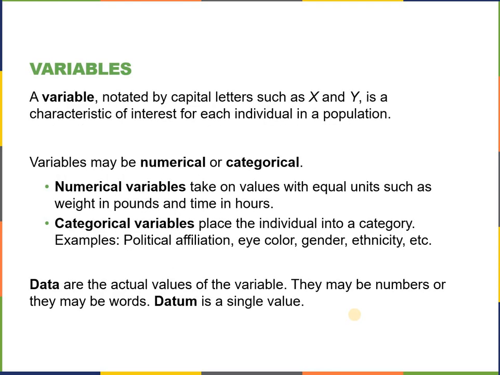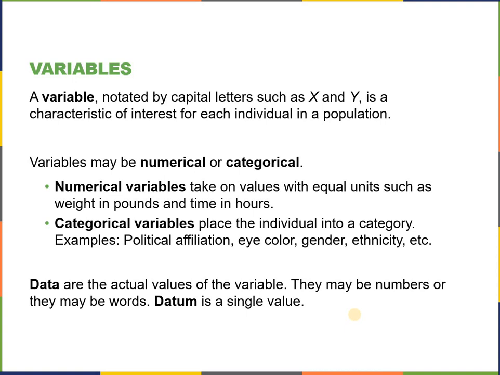Variables. What is a variable? A variable, usually we use uppercase letters to indicate that we're talking about a variable, is basically a characteristic of interest for each individual in the population. For example, if I have my population as my class of students, I might identify some of the variables that I'm interested in. For example, the hair color of my students.